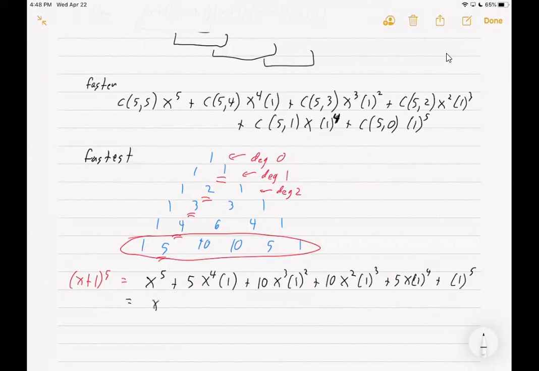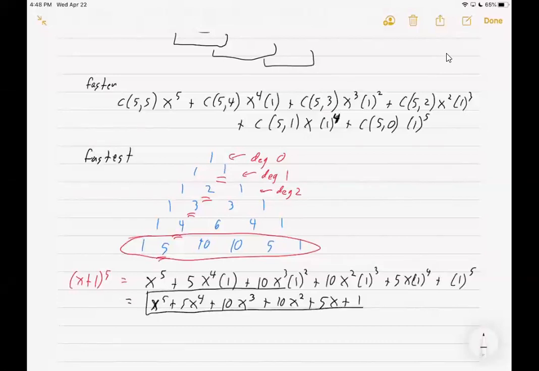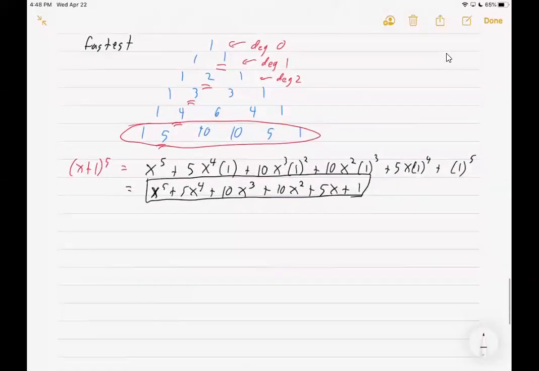So this is x to the 5th plus 5x to the 4th plus 10x cubed plus 10x squared plus 5x plus 1. And we could box that in. That is our answer. Okay, so you can see how using Pascal's triangle, we get there rather quickly.